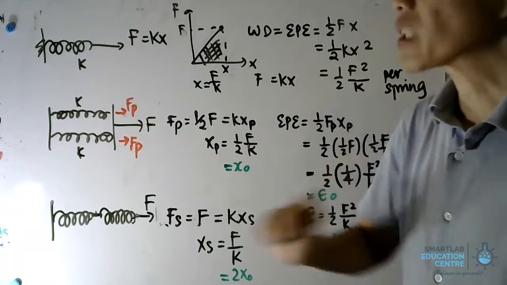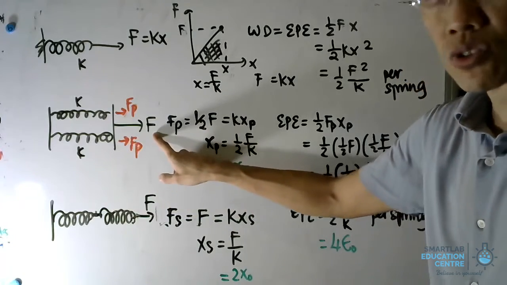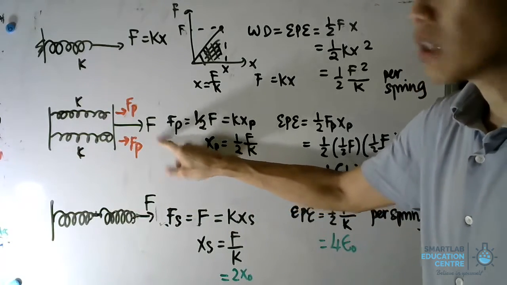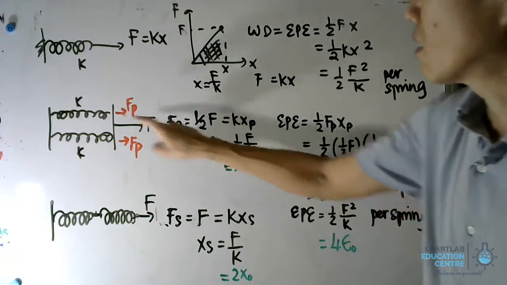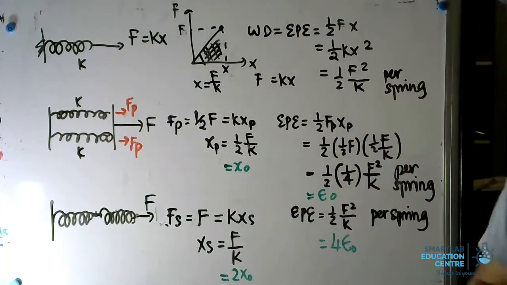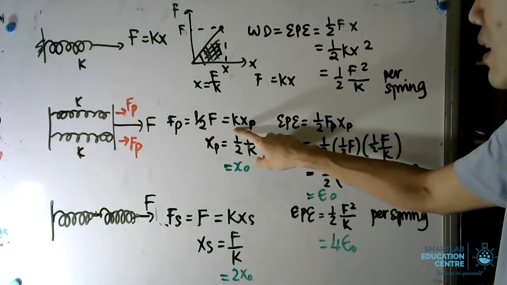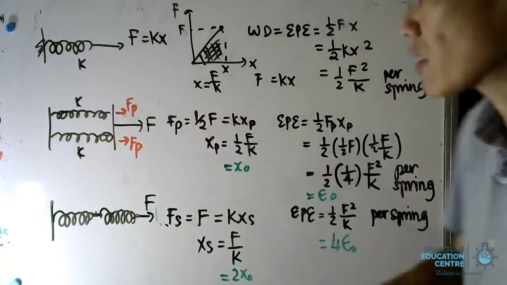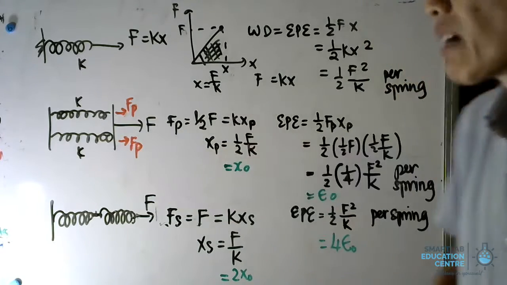Assuming that the same force is now being applied to a pair of identical springs with the same spring constant K in parallel, since the springs are identical, the force F that's applied on both springs will be shared equally by both springs. So in this case, your Fp acting on a single spring will be half F, and K will still be the same spring constant. Xp is now the extension for the spring in parallel.